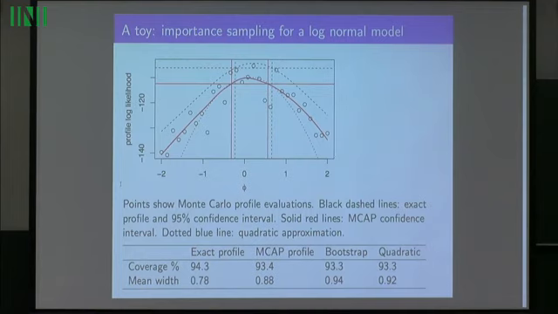And we can compare with other methods. There's maybe different ways you could do a bootstrap, but we did a bootstrap, and the quadratic method here is this MQLE, also applied to the Monte Carlo profile. And the MCAP does a little bit better, but it has other advantages.